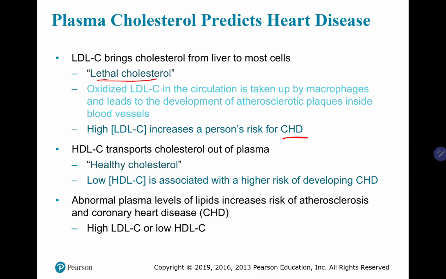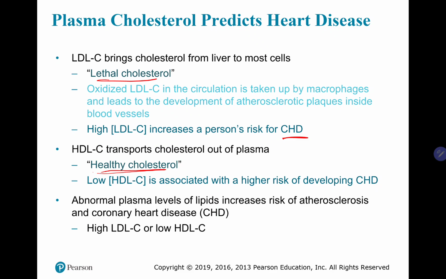High density lipoprotein transports cholesterol out of the plasma. So this is the healthy cholesterol because we're taking it out of that plasma. However, low levels of this are going to be associated with high risk of developing coronary heart disease as well. So abnormal plasma levels of lipids increase the risk of atherosclerosis and coronary heart disease. So high LDL or low HDL.